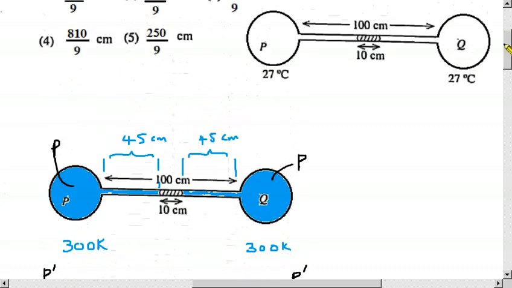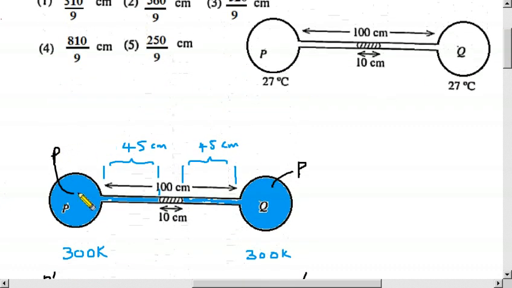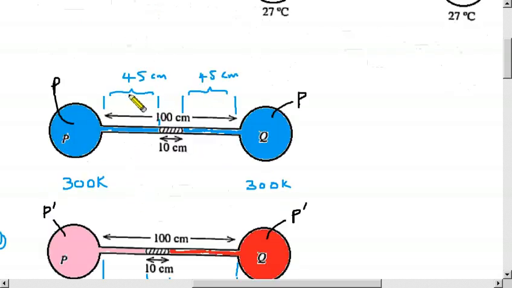As previous, take the pressures as P. The total length of this tube is 100, so you have to subtract this 10 centimeter, the length of the mercury column, to get the total sum of these two air columns. So that is 90. Since air columns are the same in length, divide by 2, we get 45 as previous.